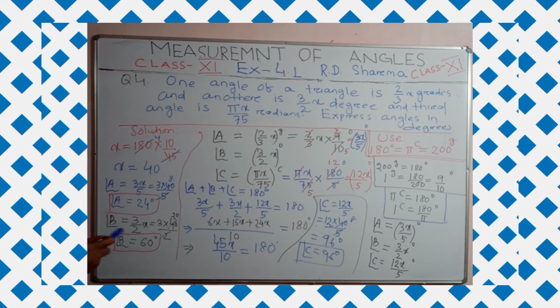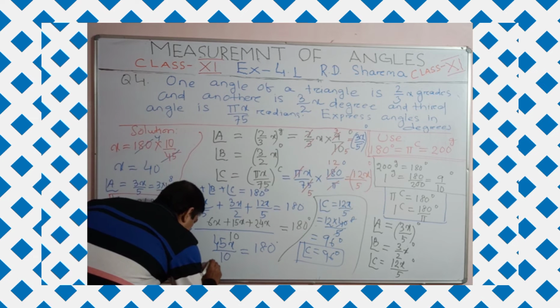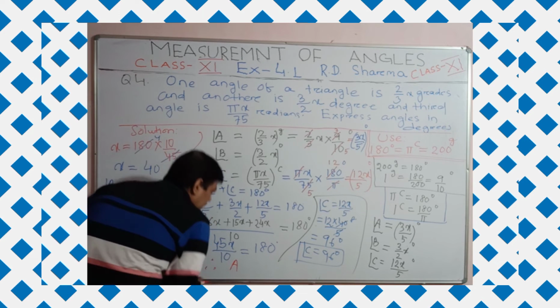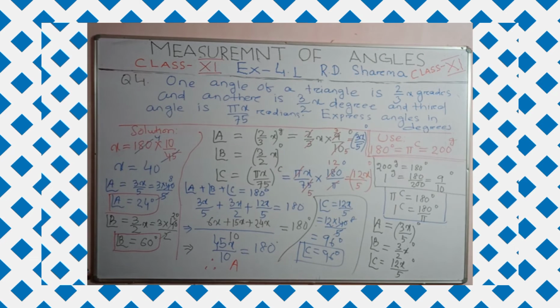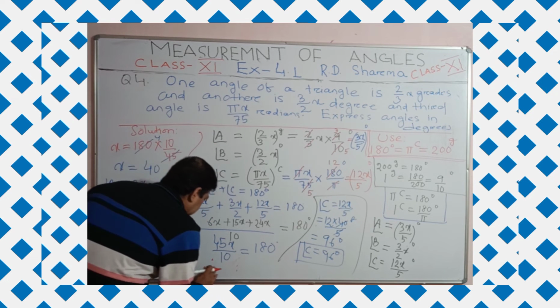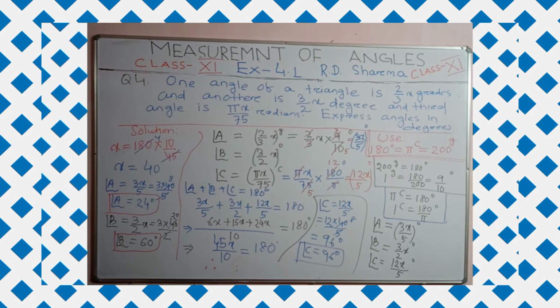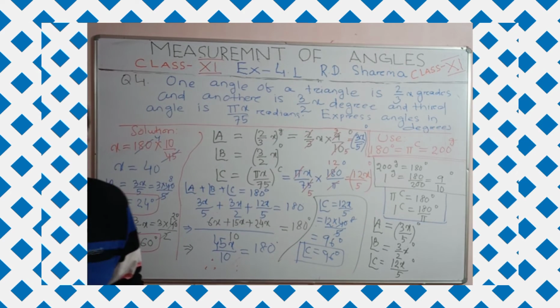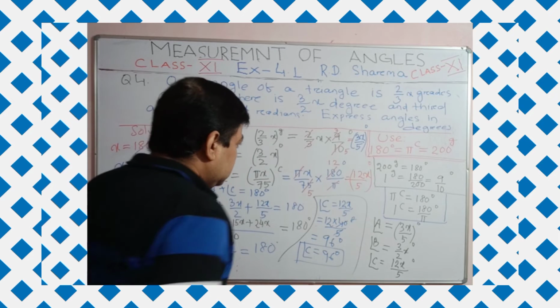Hence we got the required angles. Here all the angles are expressed in degree. And the three angles of the triangle are 24 degree, 60 degree and 96 degree. Okay. Understand? Yes. So you write the conclusion, the final conclusion. We got the three angles.